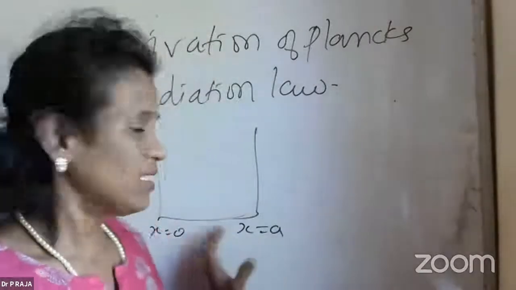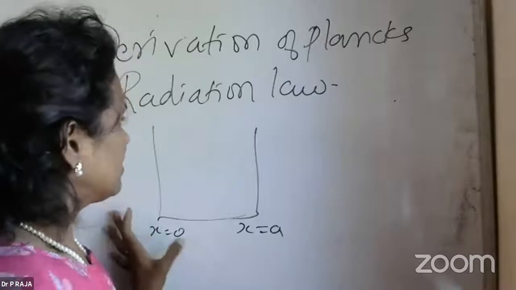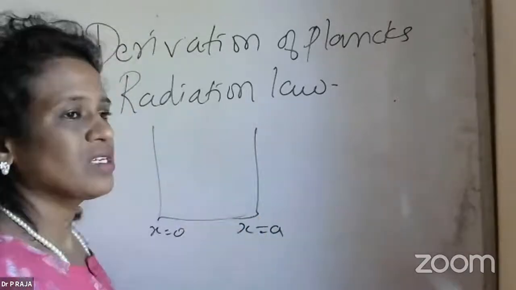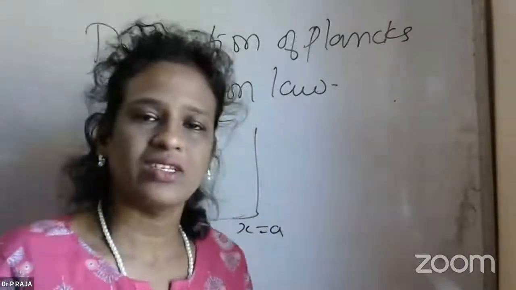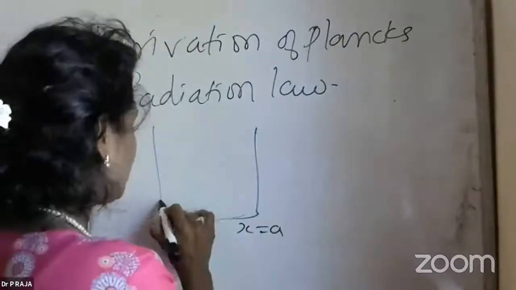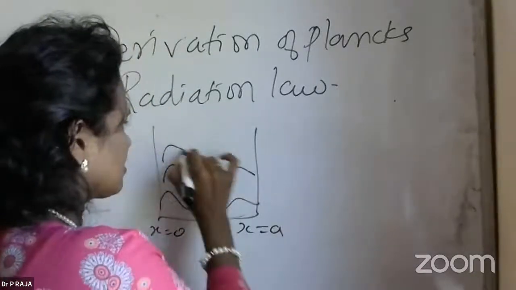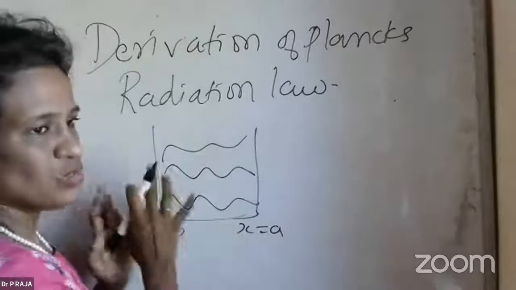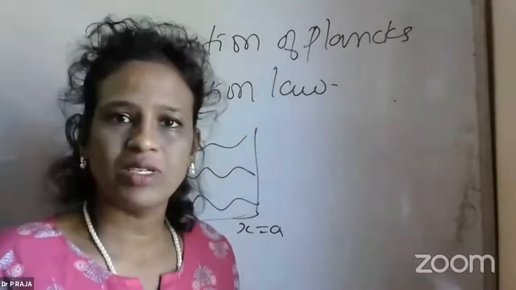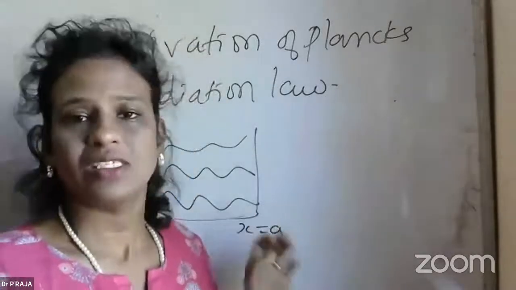He has assumed again in the same way that the electromagnetic radiations, the black body radiations, are traveling along x, y and z direction. This time he has taken it majorly along x and y direction.